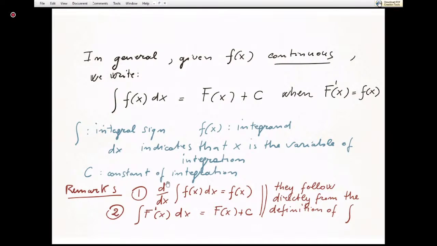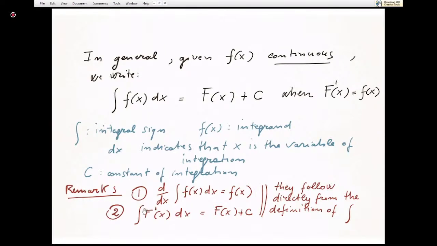So when we write that the derivative with respect to x of the integral of f of x dx is f of x, we are just writing something that follows directly from the definition of the integral, because the derivative and the integral are two different operators, okay, and one is the inverse of the other, inverse to one another.